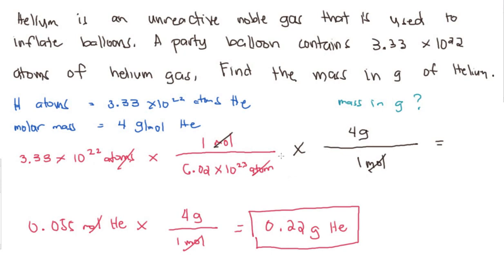And then you can go straight with this kind of equation. So, let's try to answer this one. You have 3.33 times 10 raised to 22 divided by 6.02 times 10 raised to 23rd, and then multiplied by 4, and the answer is 0.22.